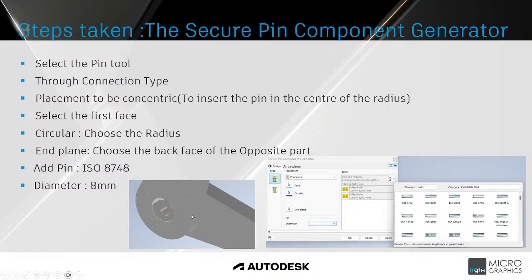Then I chose circular. So the reason why I chose concentric is I wanted the pin to be inserted directly in the center of this radius over here. So for circular, you just select that radius. For your end plane, you select the back of your arm of the back part.